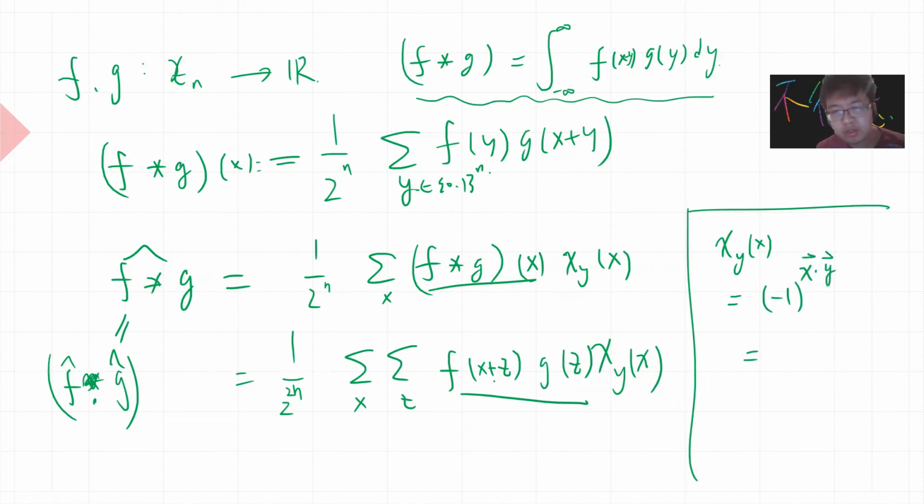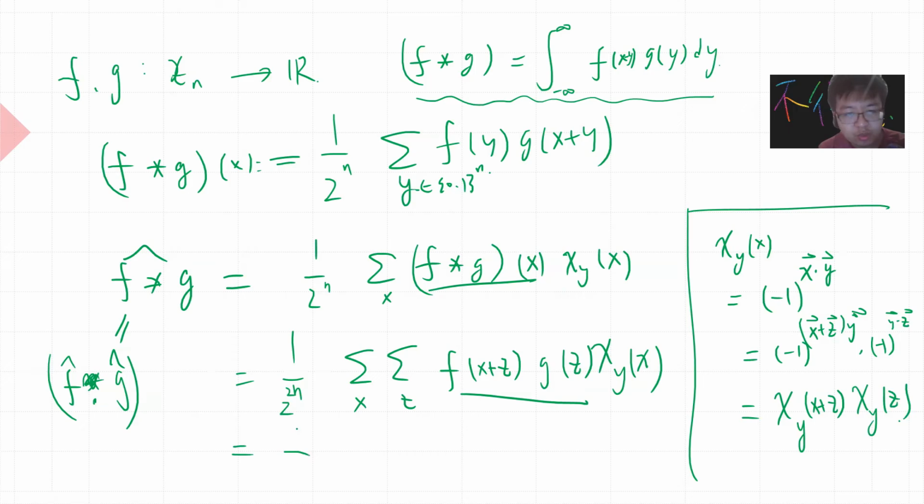I can change it into x plus z with y, and another term y with z, because I'm in mod 2. So this will be chi_y(x plus z) and chi_y(z). This term will give you 1 over 2^n, sum over x and z of f(x plus z) chi_y(x plus z) and g(z) chi_y(z).